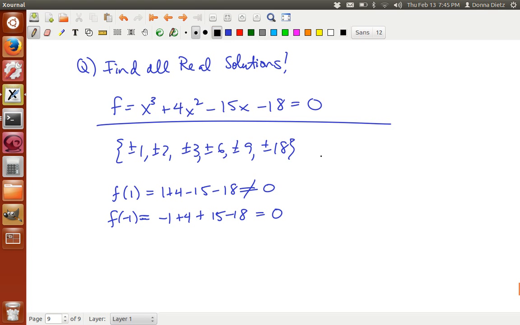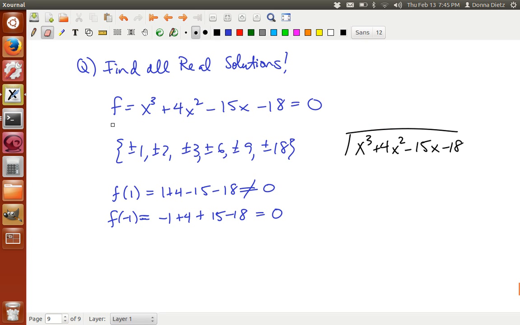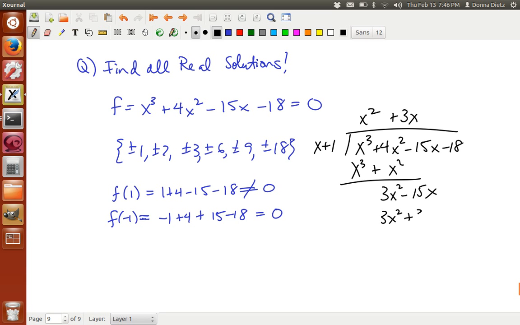quickly. So the long division, you're going to do x cubed plus 4x squared minus 15x minus 18. And then I'm going to just say x plus 1 goes in x squared, multiply, work this out, subtract, 3x times x is x squared, so then we're going to get 3x, subtract, gives you negative 18x, so we're going to have negative 18.